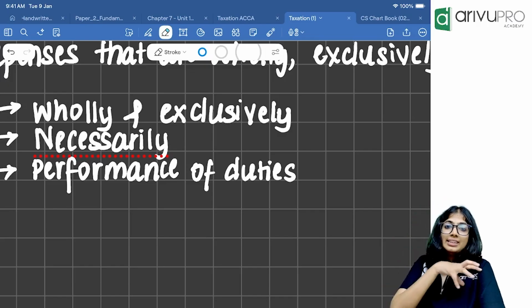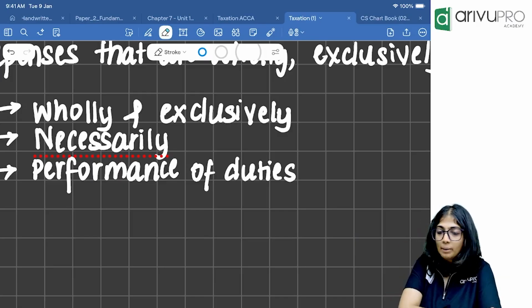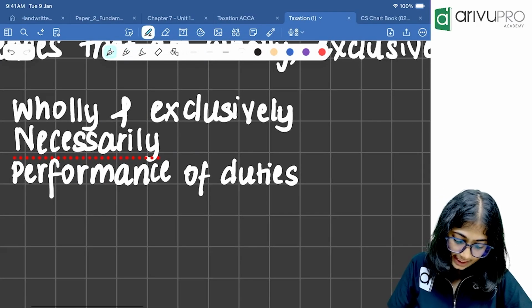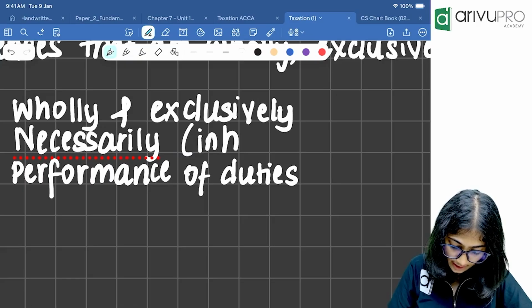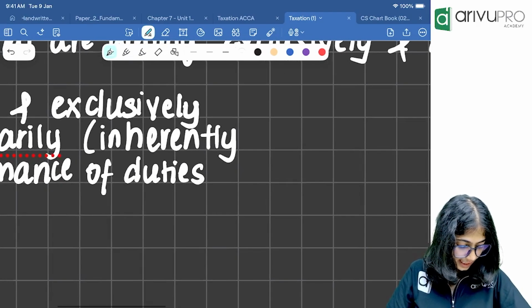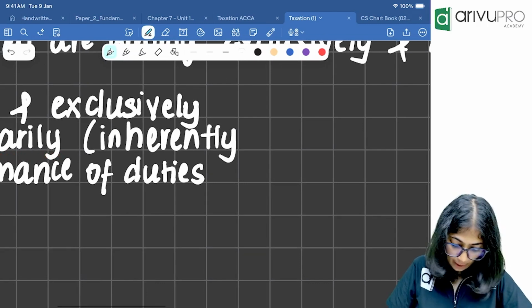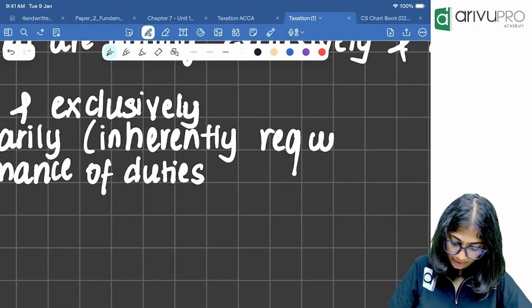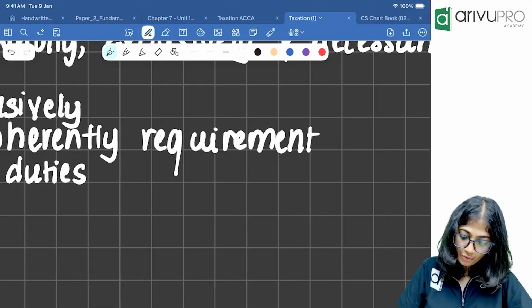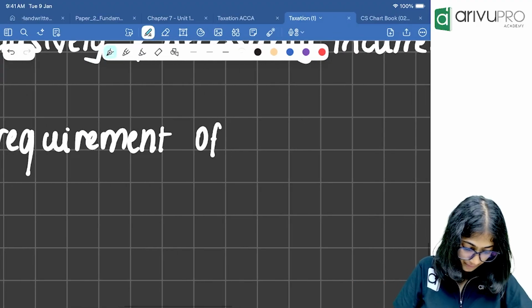This is necessary for performing your duties. The keyword here is it is inherently a requirement of the job.